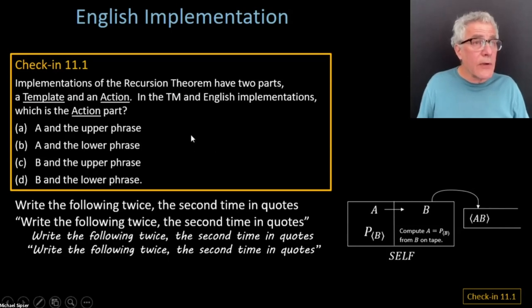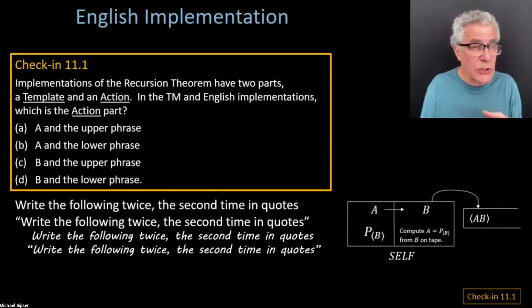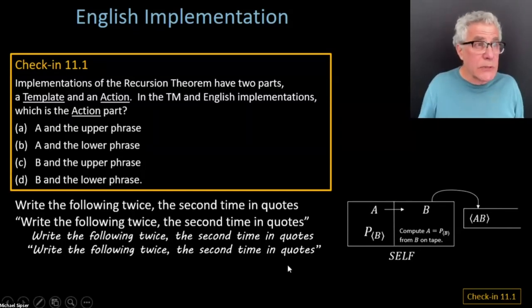But here, in both of these cases, we kind of have a template part and an action part. In both cases, there are two parts to the instructions, the template and the action. I'm going to leave it to you to try to imagine which is which in each of these two examples.